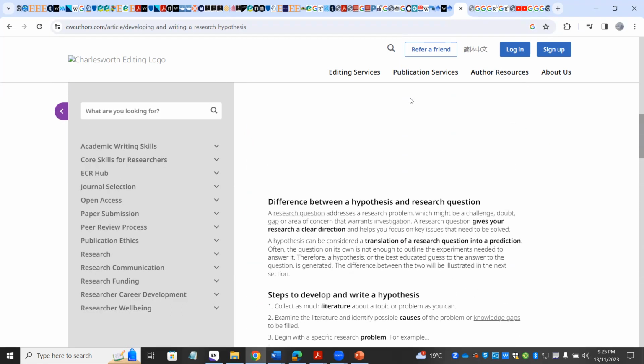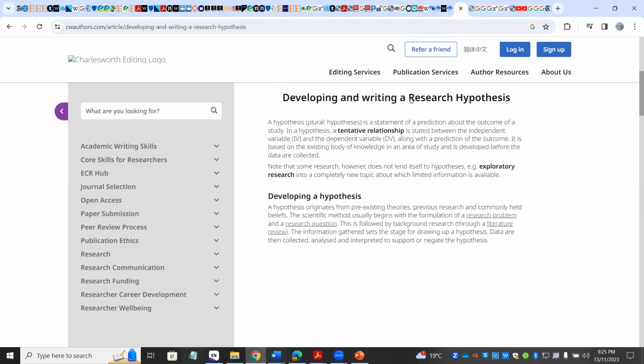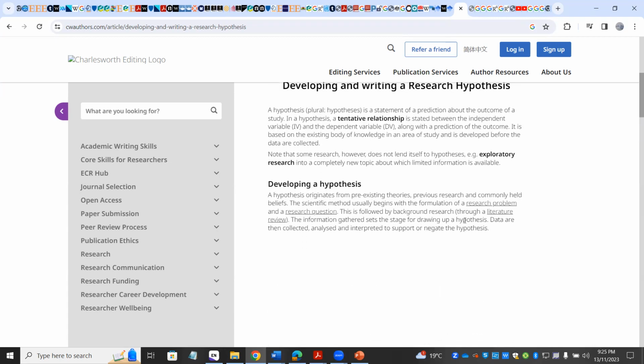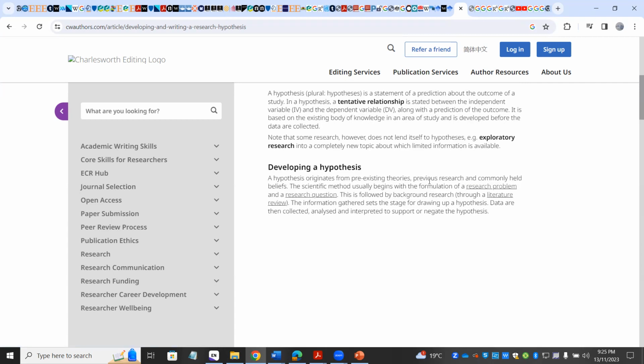So either you get your hypothesis from an existing theory, or, here they have even given three: existing theory, previous research, this is where the empirical studies come in, which I'll show you one or two, and commonly held beliefs. Even beliefs, but the reason why I don't want to take you through the belief system is that normally some people argue they are not empirically tested. So I'll base more on the existing theories, and then the previous studies or previous articles.